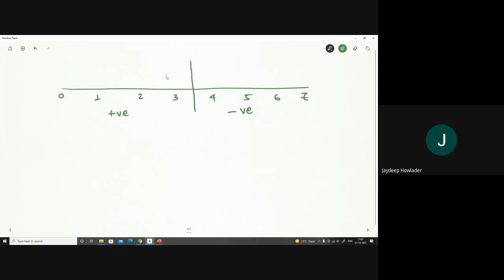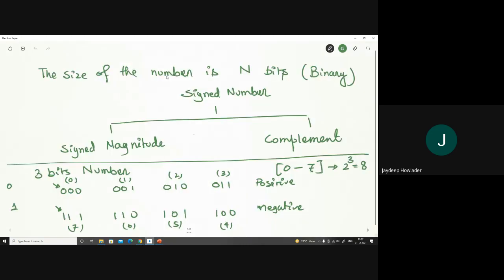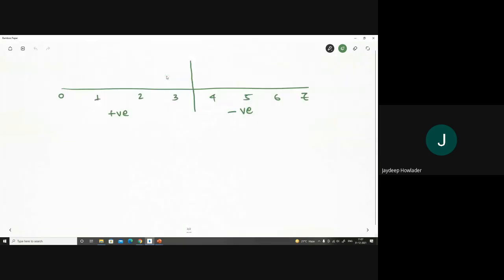One half stands for the positive, and another half stands for the negative. If we consider the most significant bit as the sign bit, we call it the sign bit. Clear? So the numbers 0, 0, 0, then 0, 0, 1 up to 0, 1, 1, and then 1, 0, 0, 1, 0, 1 up to 1, 1, 1.